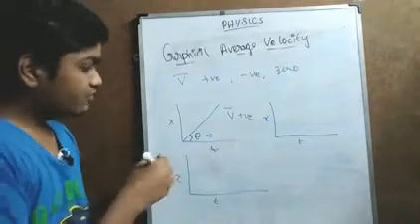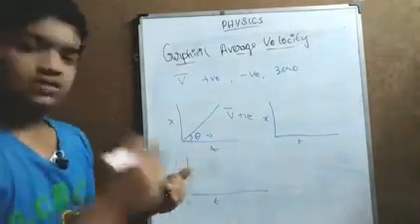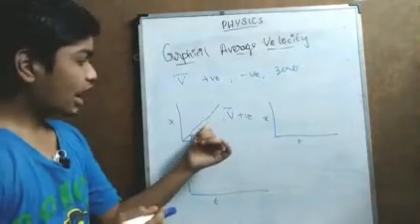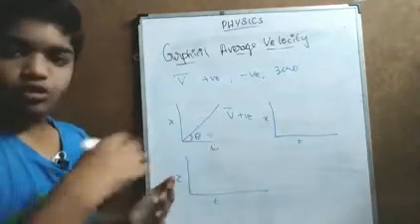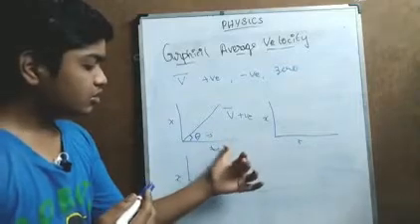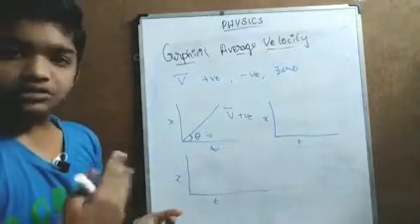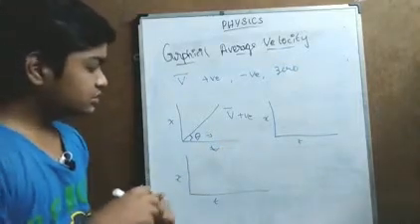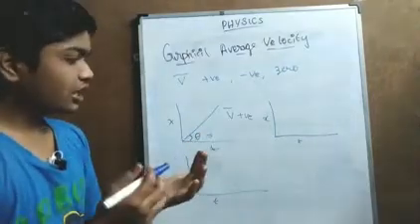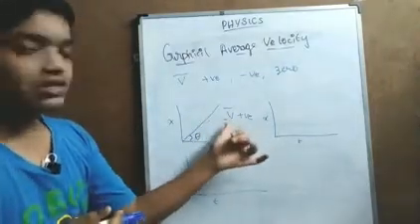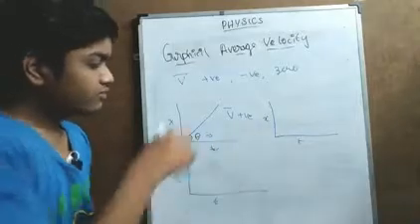When the angle with respect to the t-axis is acute, the average velocity is positive.